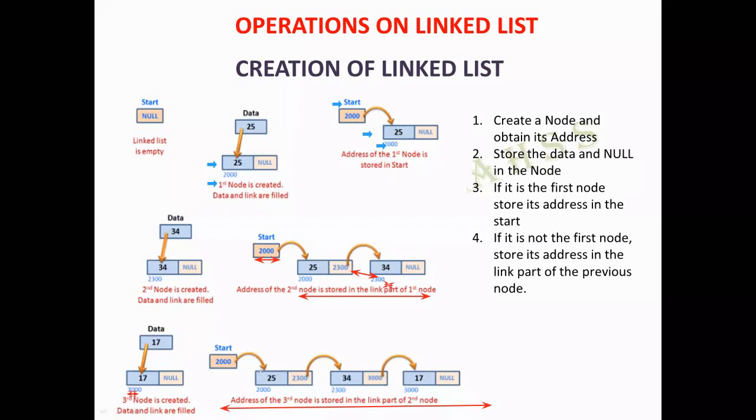First one is 25 and its link. The second one is at 2300, which is linked over here. The third one is at 3000, and that address is given in the second node. You have created a connection.